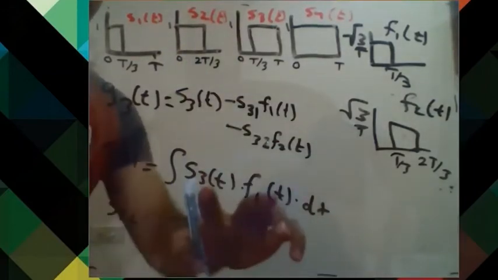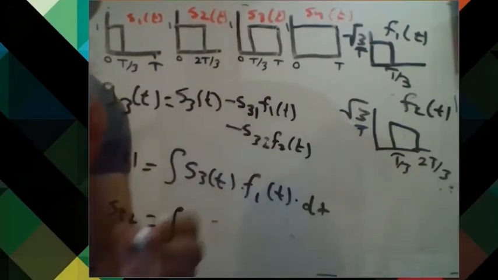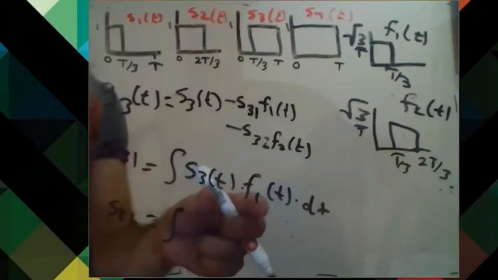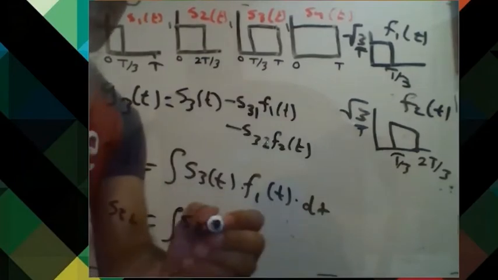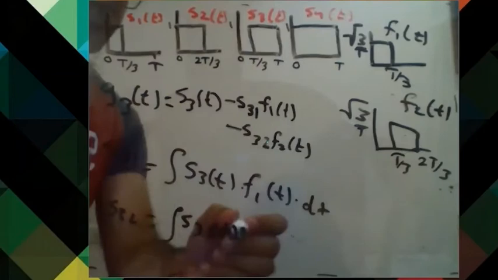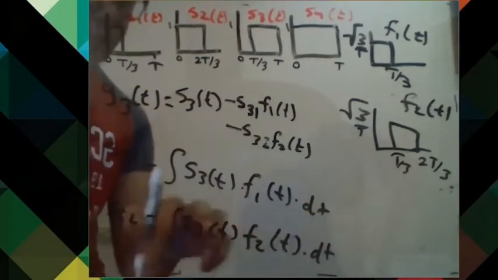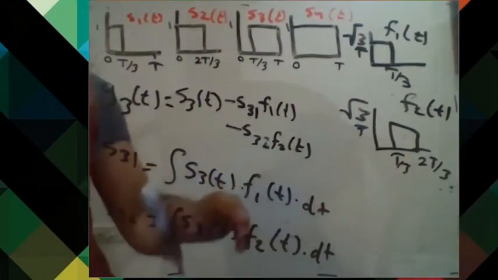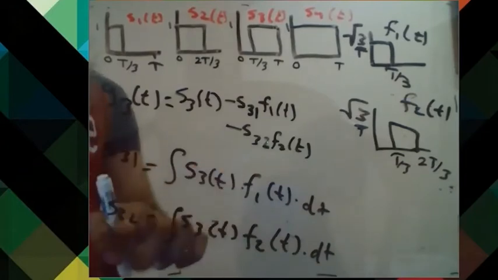First you multiply and then you integrate to find this value, and you put the limits accordingly wherever the function exists. So for this signal I'll multiply s3 with f2. So here is f2. After multiplying these two signals, I'll get a new signal, and then according to its limits I'll integrate this function and I'll get s32.